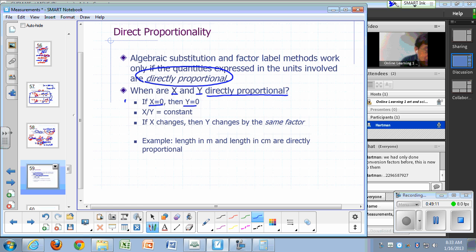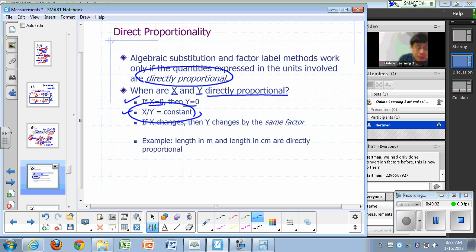And so that's one condition. And the other condition is that x divided by y must always be a constant, must give you the same number each time. Okay, so the ratio is constant. So this is in fact the definition of direct proportionality. Two quantities are directly proportional if x over y is a constant.